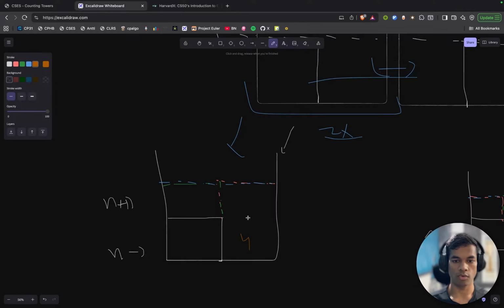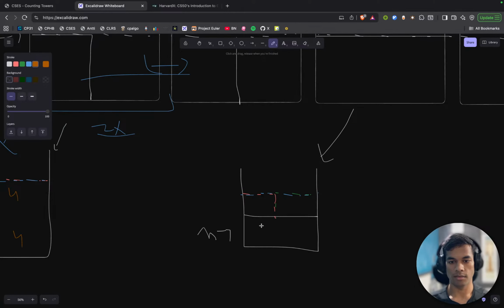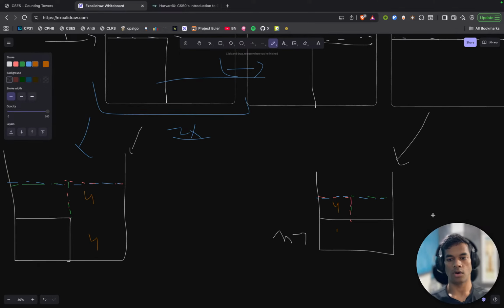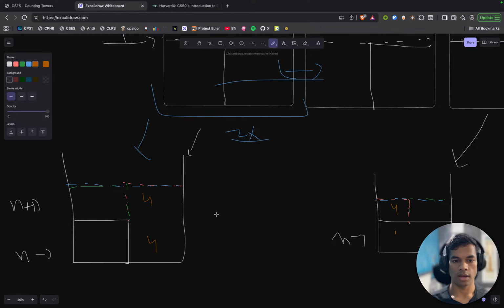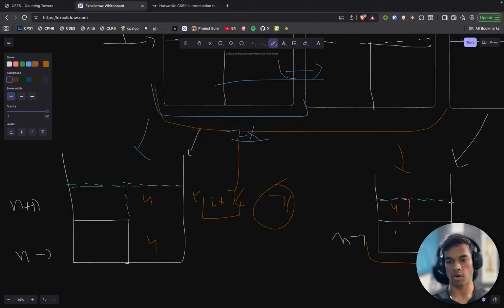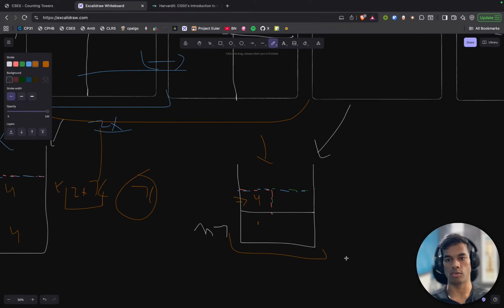So here we have four possibilities, here also four, and here also four. All of the four possibilities work, and let's say the answer for these choices combined, this one and this one, is x. The answer for this choice is also x because the n minus 1 row is not affected.